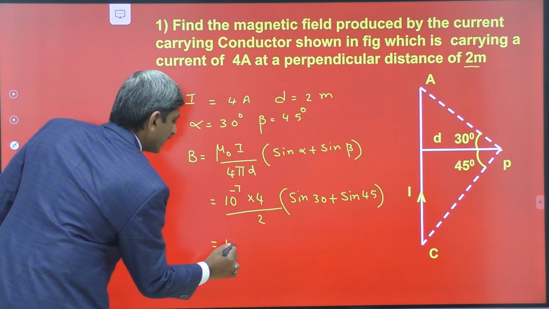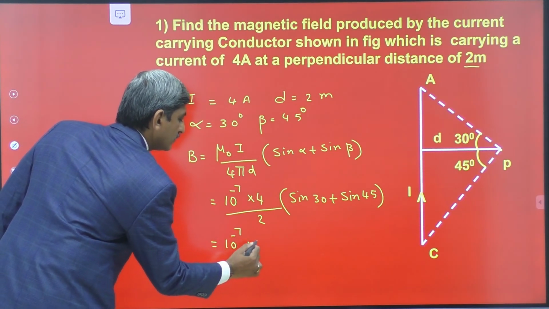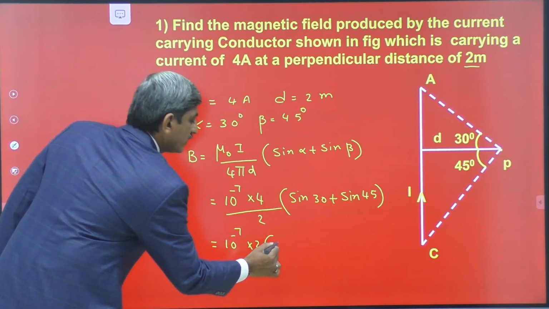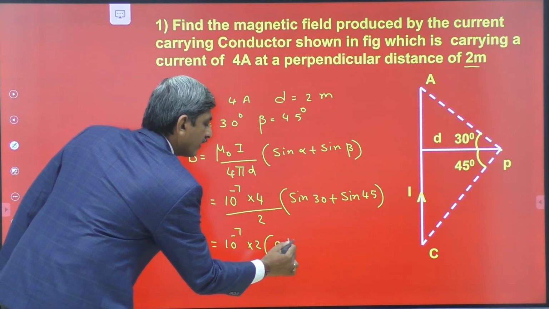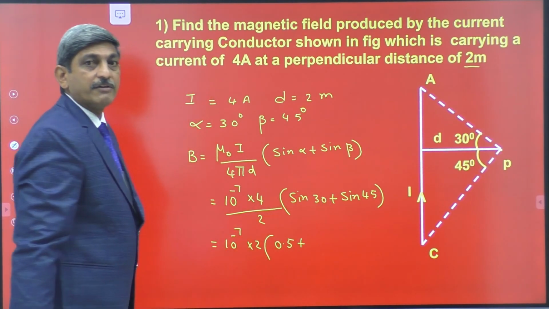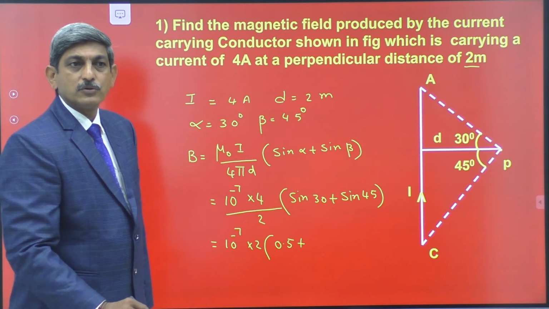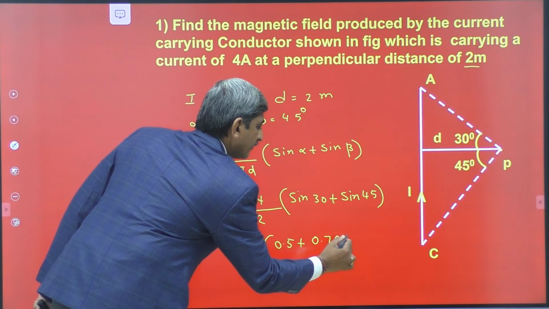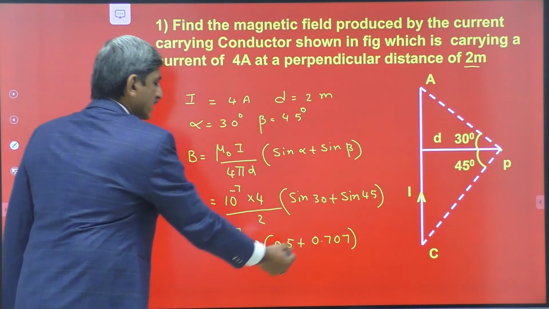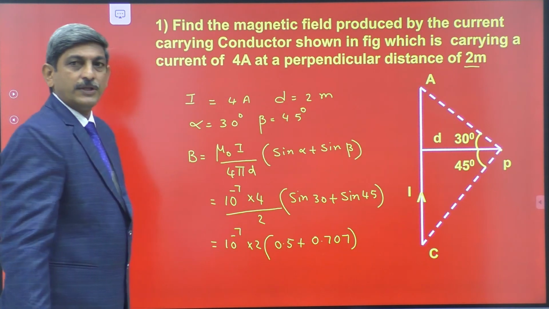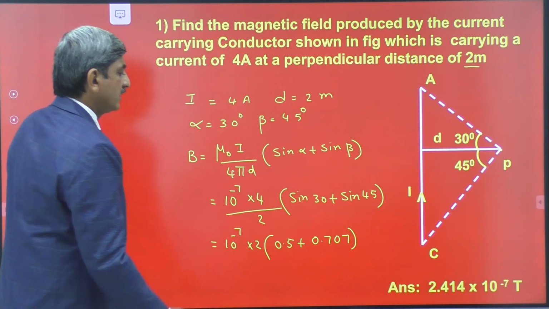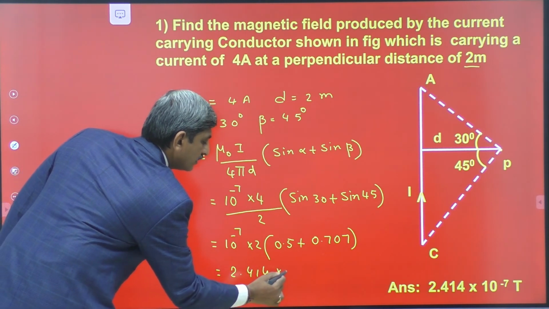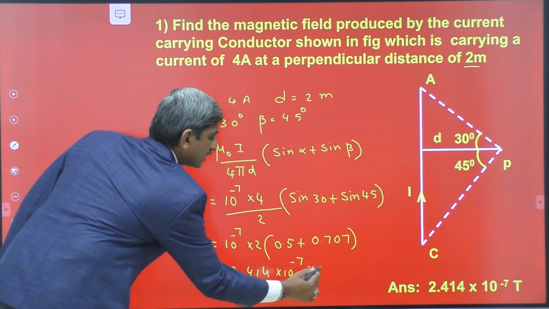It becomes 10 to the power of minus 7 into 2 into, we know that sin 30 is equal to 1 by 2, that is 0.5, plus sin 45 is equal to 1 by root 2, which is 0.707. Now add these two and multiply with 2, you will get the answer for the magnetic induction. The value is found to be 2.414 into 10 to the power of minus 7 Tesla.